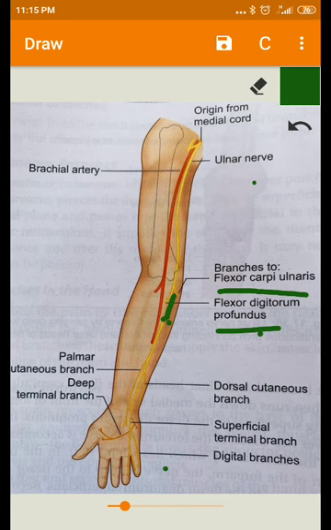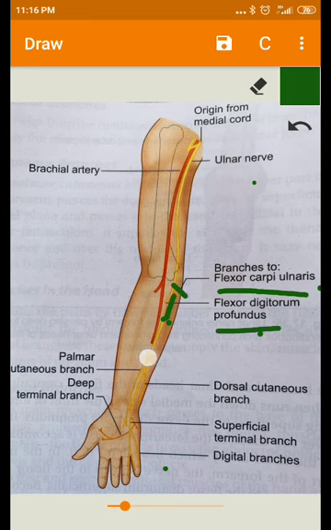At that time it gives two branches, one branch to the flexor carpi ulnaris and another branch to the flexor digitorum profundus. Okay, so these are the muscular branches and articular branches in the forearm. And also in the forearm it gives two cutaneous branches.